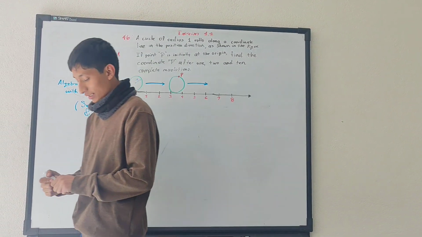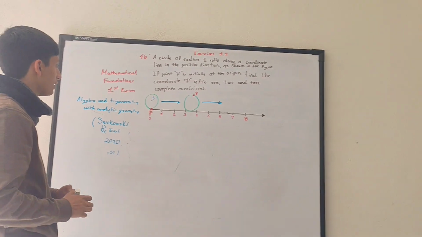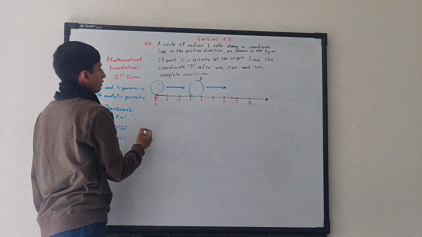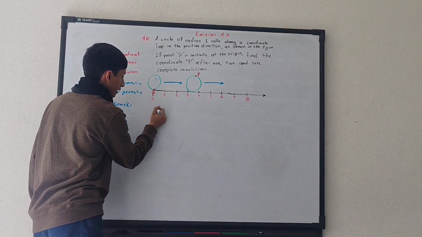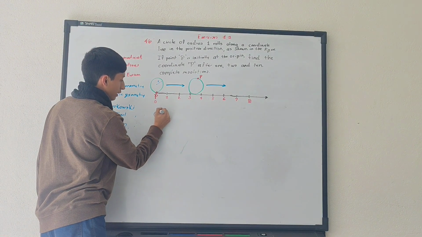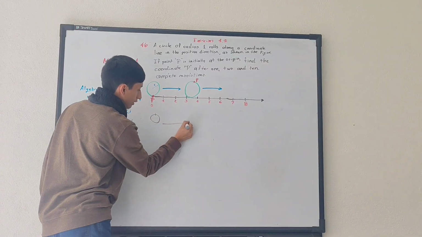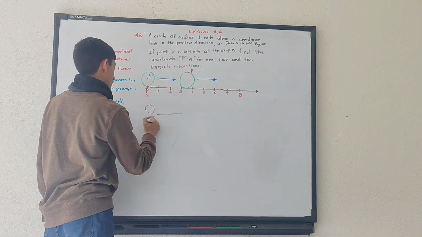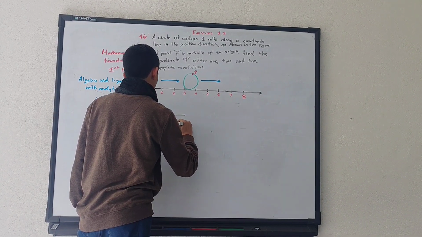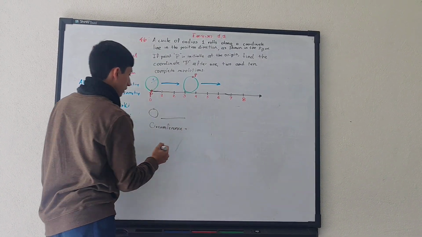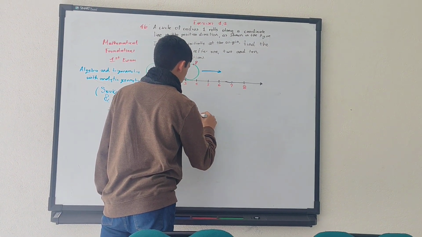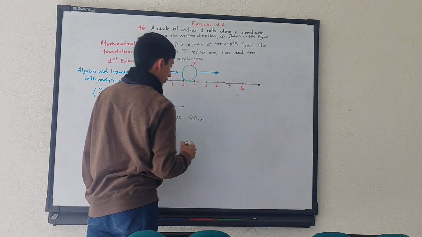the formula to find the circumference of a circle. So we have a circle here, and we can take the length of the circle, and I'm going to write this: circumference is equal to 2 pi times the radius.